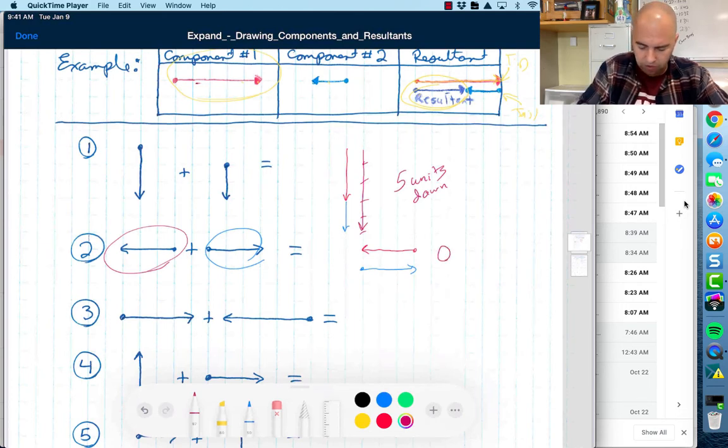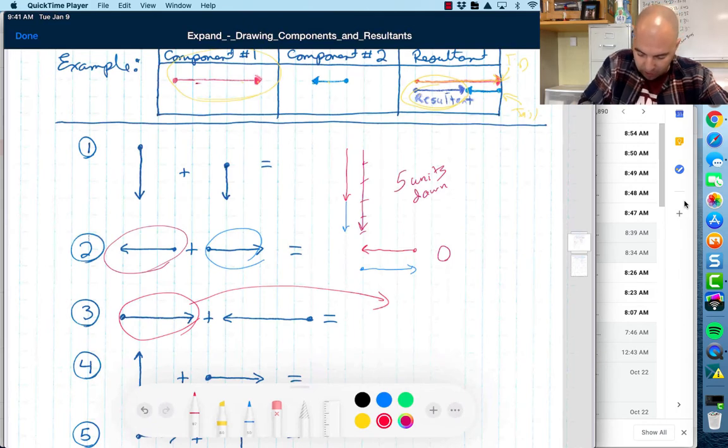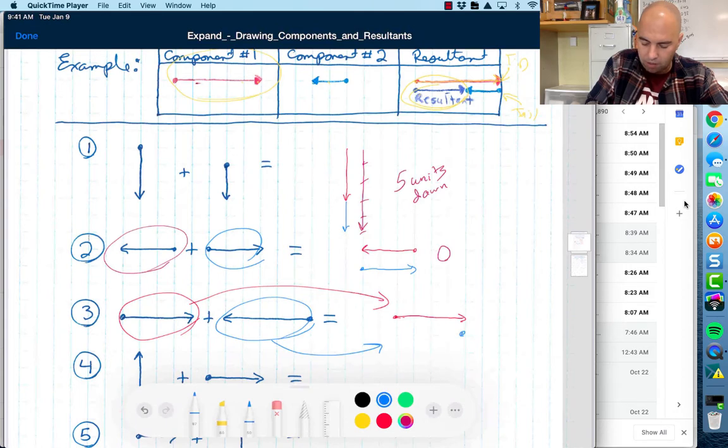So here, let's do this one. Here's my first component. Go put this over here. It's going to be 1, 2, 3, 4 to the right. And our second one is going to go over here. So once again, tip to tail.